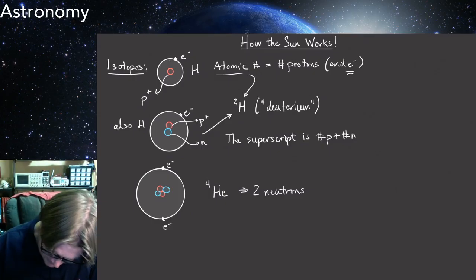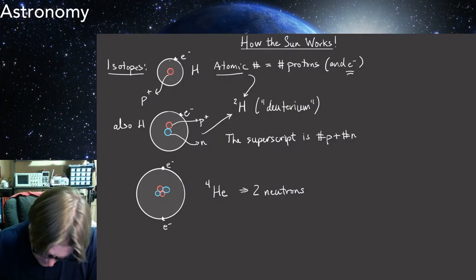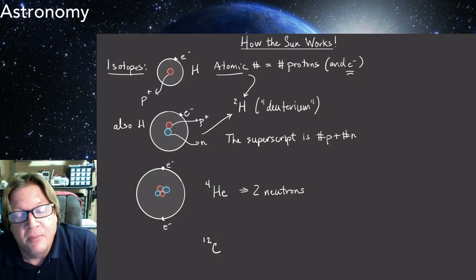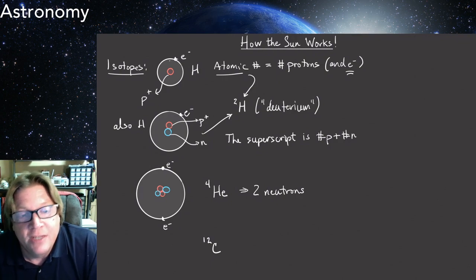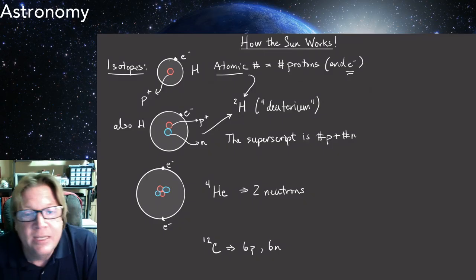What if I would write down carbon 12? Okay, carbon, you can look up on the periodic table. Carbon is element number 6. So it's got 6 protons, definitely. And if the total number of particles is 12, that means that carbon has 6 protons and 6 neutrons.